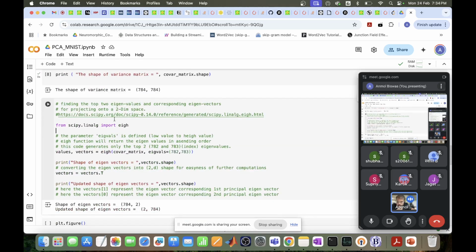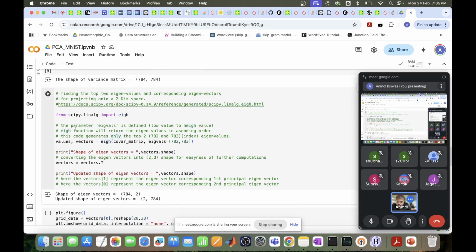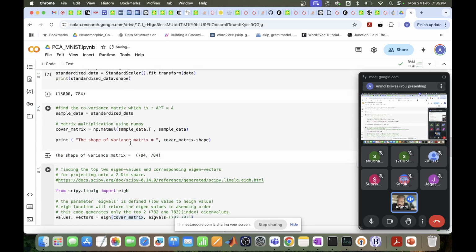So now we come to the actual eigenvector decomposition. We are using the SciPy library here, scipy.linalg, which is basically the linear algebra implementation of SciPy, kind of useful. So we get the eigenvalue decomposition function, and we apply the eigenvalue decomposition on the covariance matrix, right?